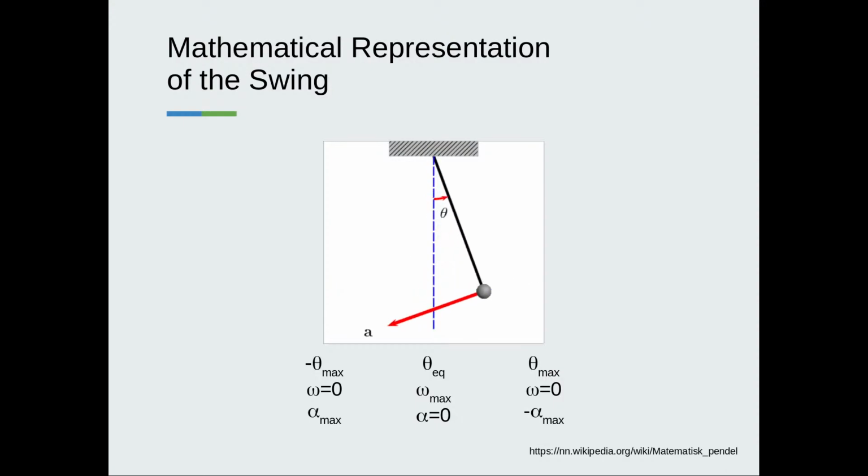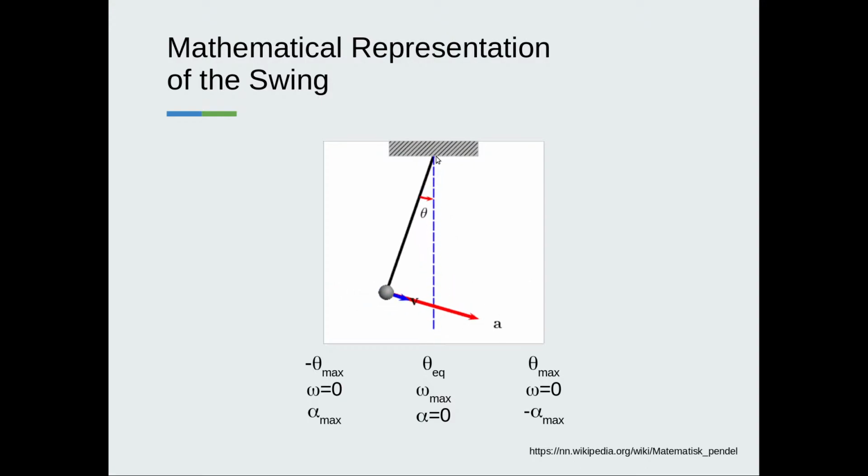So now let's find the mathematical representation of the swing. We have a particle attached to something with a string, and now we are analyzing it in terms of the angle, which is between the string and a reference line.